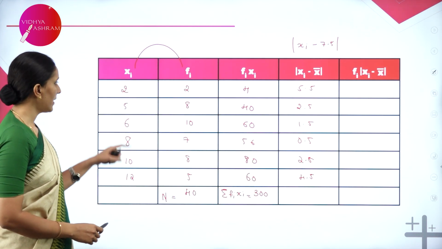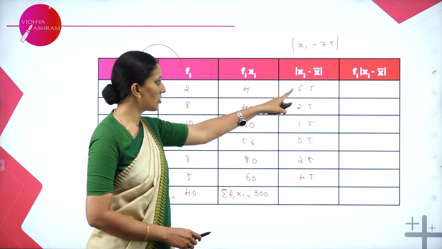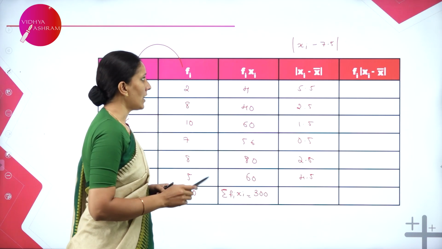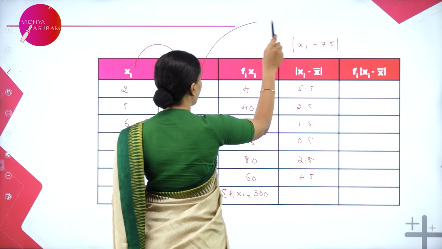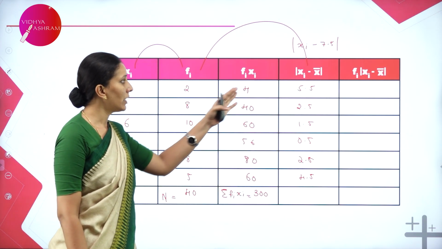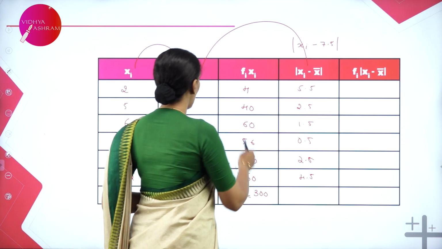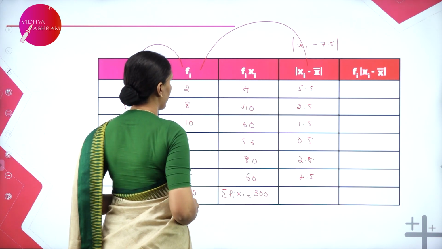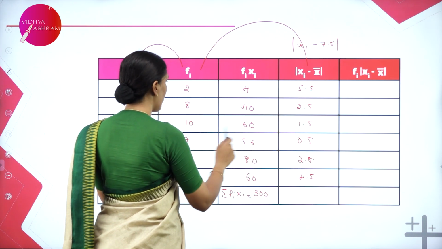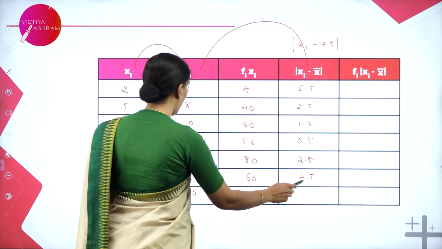Now again, since 2 is repeated twice here, we have taken the deviation only for a single 2, but we have one more 2. So that's why we'll multiply the column fi with |xi minus x bar|, because it will give you the deviation for the remaining observations also. So now multiply 2 into 5.5, 8 into 2.5, 10 into 1.5, 7 into 0.5, 8 into 2.5, 5 into 4.5.